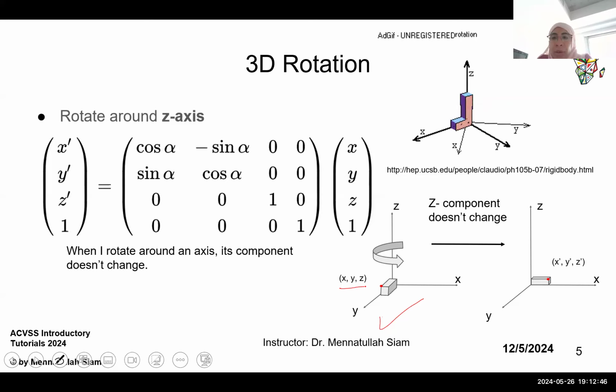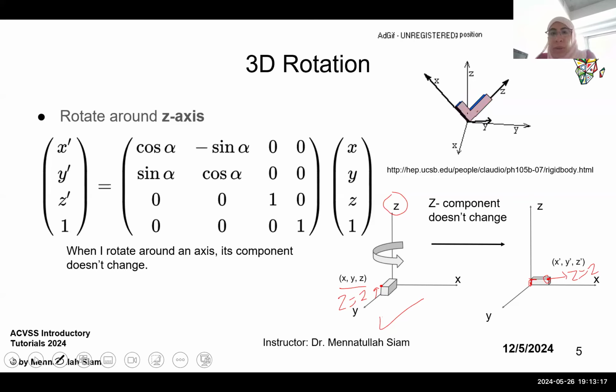Now, if I rotate around the z-axis, if this is, for example, height 2, let's say I drew it so that this is the z-axis, so z equals 2, z is maintained as 2 still, nothing changed, right? This part didn't change. What rotated was applied only on the x and the y.